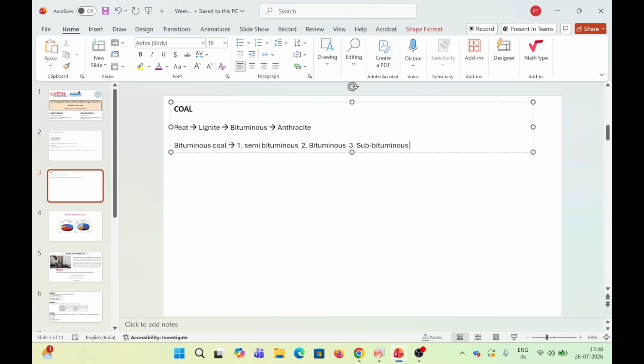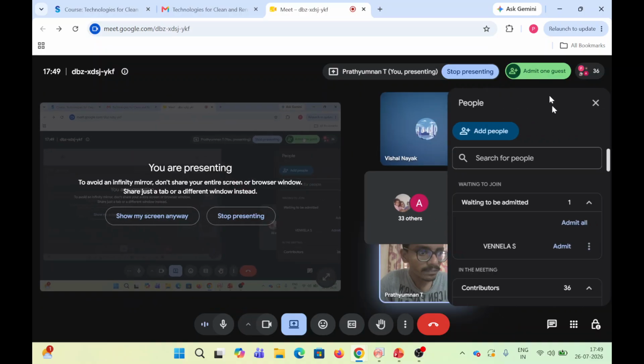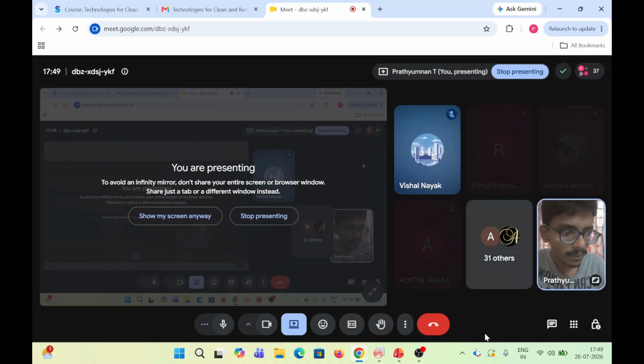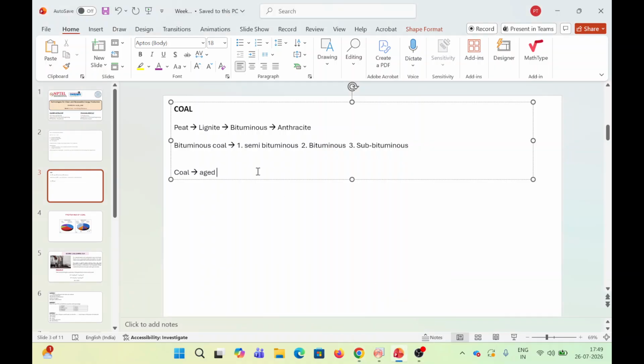That is the reason coal samples which have more volatile matter as well as more moisture are less desirable. Coal which is aged and has higher carbon content is going to be desirable.